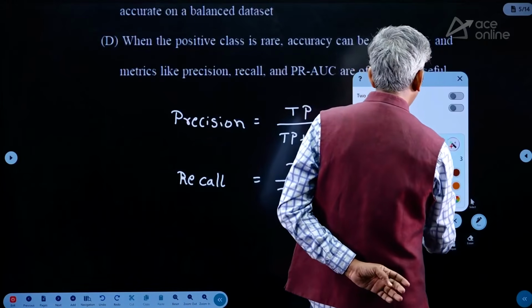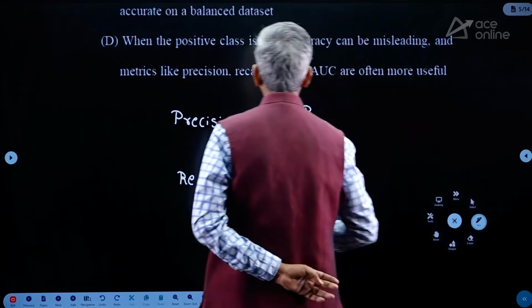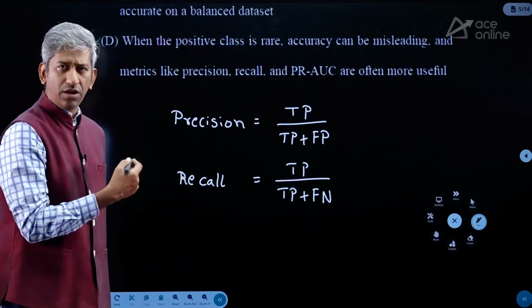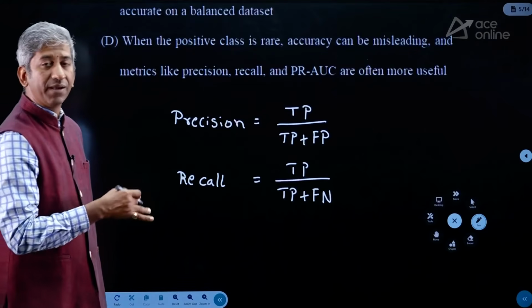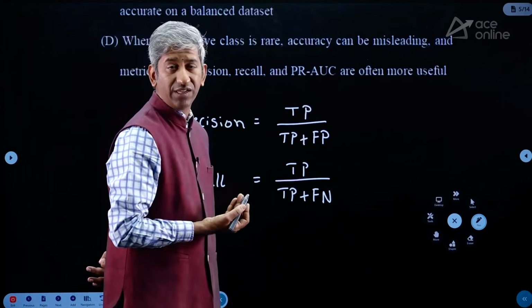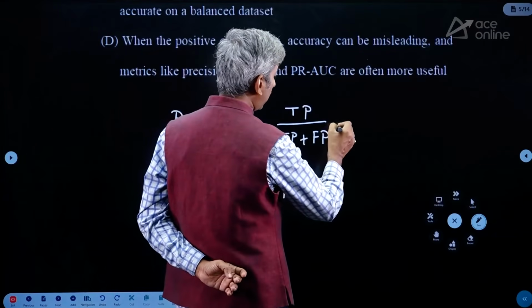So, what is happening here is on increasing the threshold from its default value, the number of positives are decreasing. As a consequence, false positives will also decrease.